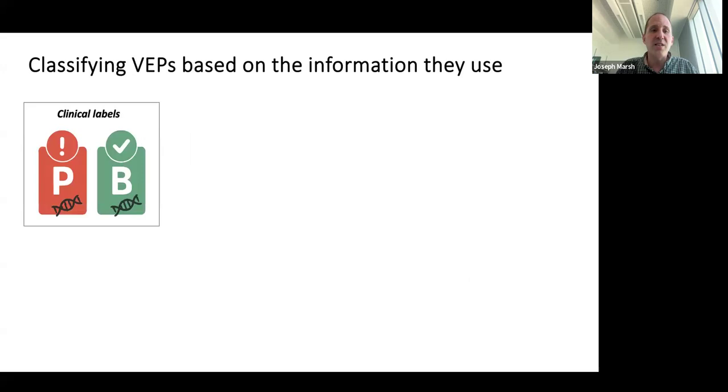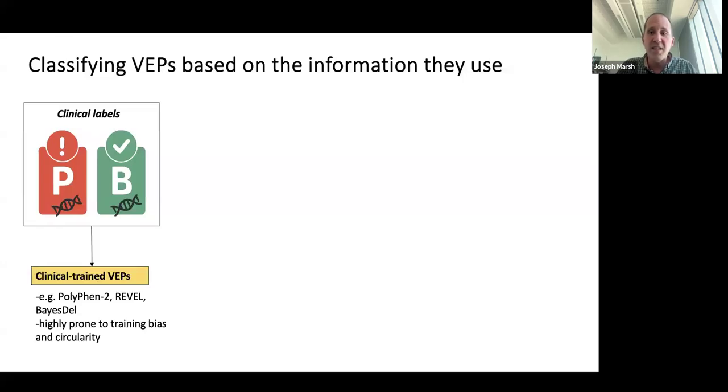But I think what's helpful is to think about the actual information that these variant effect predictor tools use. Most currently used approaches are trained on clinical labels. So these are known pathogenic, disease-causing variants and benign variants known not to cause disease. And they will use some kind of supervised machine learning to come up with the best way of discriminating between the two.